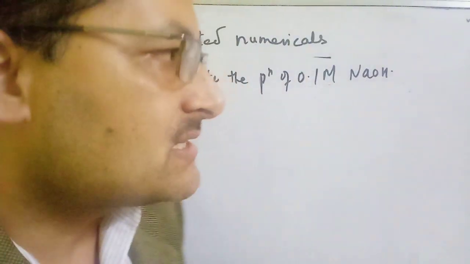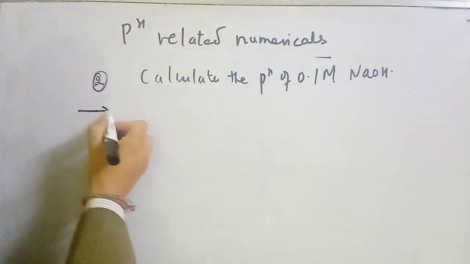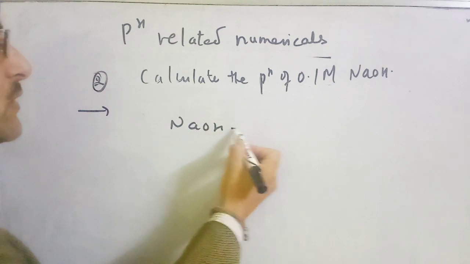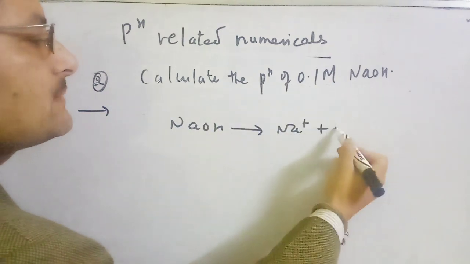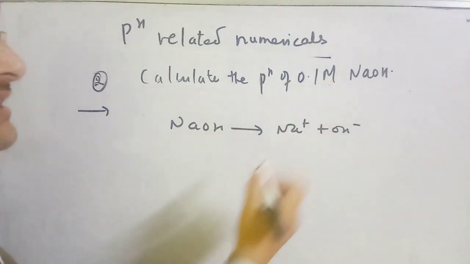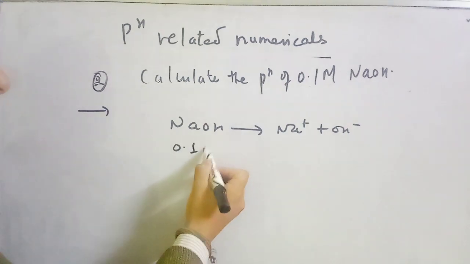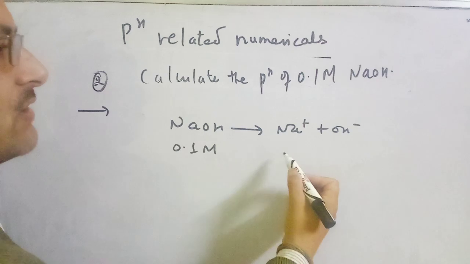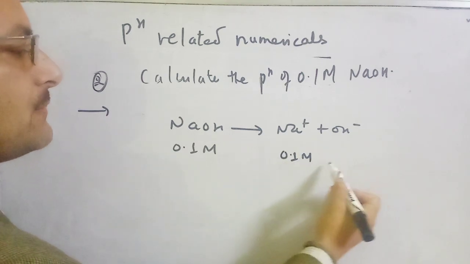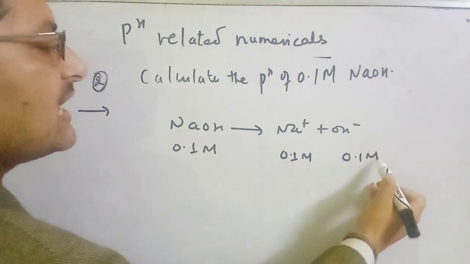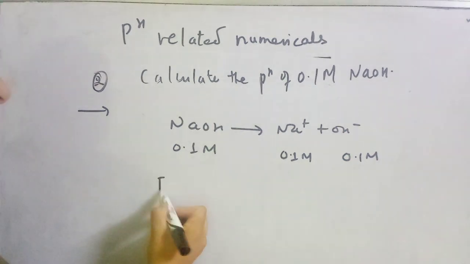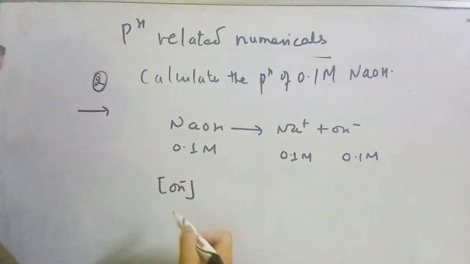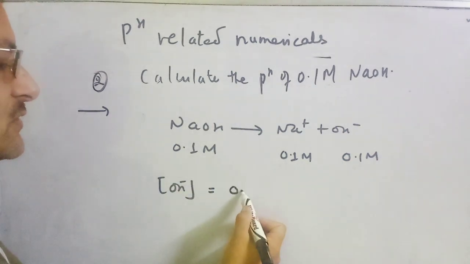You know NaOH gives hydroxide ion, so you can easily ionize the NaOH into Na plus and OH minus. So what is the molarity of NaOH here? 0.1 molar NaOH we have. So 0.1 molar NaOH, when it completely ionizes, gives 0.1 molar Na plus and 0.1 molar hydroxide. So here the hydroxide ion concentration in moles per liter is equal to 0.1 molar.